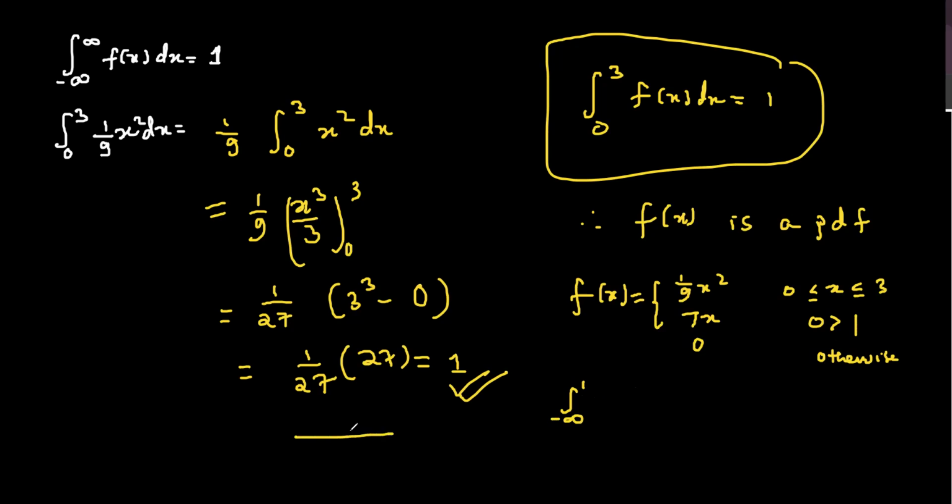Sorry, not less than 0, less than 1, my mistake. So you can write minus infinity to 1, the integral of 7x dx, and now this is from 0 to 3, is equal to 1.